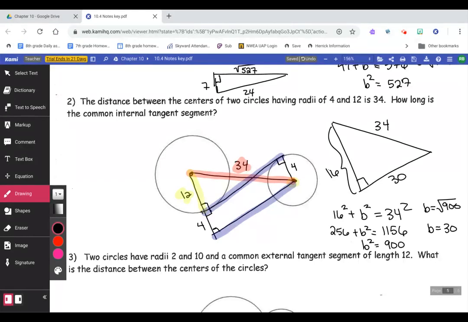Okay, if we simplified, this would have been one of the families. Moving on, we have a length of 30 here. That is the leg of the right triangle, which is also congruent to your common internal tangent. So the answer for the common internal tangent is 30.